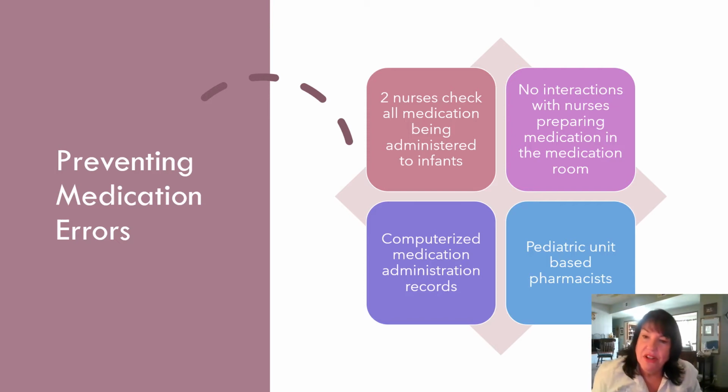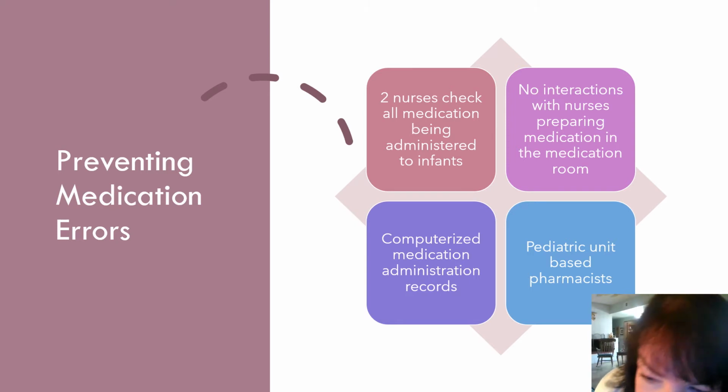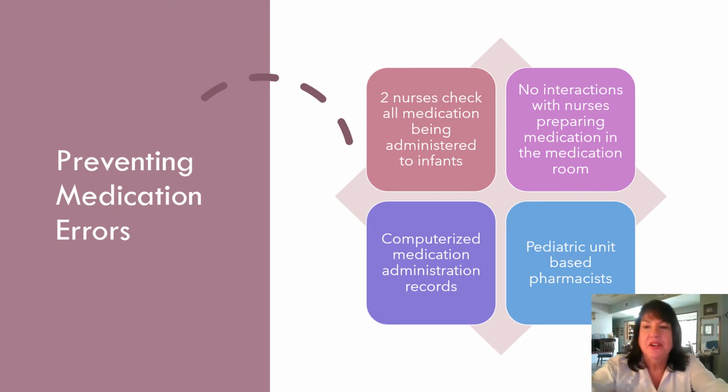Also, especially our larger hospitals have really gone to having their own pediatric unit-based pharmacist. So there may be a pharmacy on your floor that actually has their own pharmacist that is just dealing with dispensing medication and processing orders for those pediatric patients.